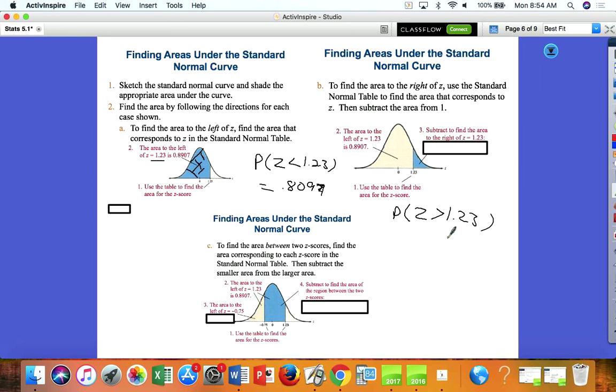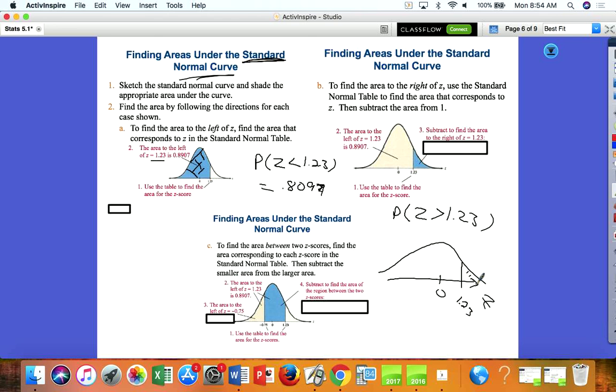Okay? Now, initially, and on your assignments today, I want you to draw a picture. Okay? So if we want to know the probability that z is greater than 1.23, you draw your distribution, and what's the mean of the distribution? 0. Right? Mean is 0, standard deviation is 1, and we're dealing with z-scores, and a z-score of 1.23 is about there.